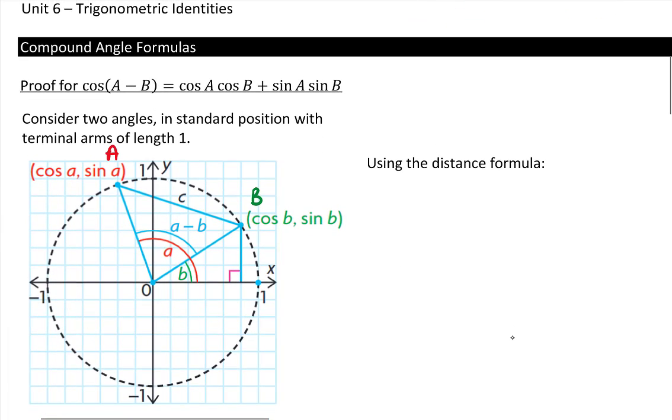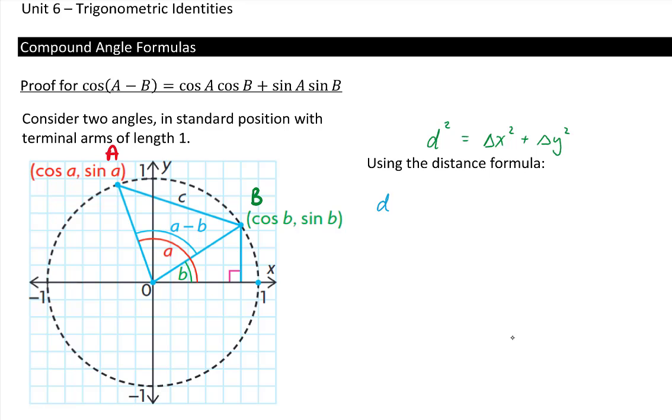If we want to find the distance between points A and B, we use our distance formula. It is based on Pythagoras' theorem, where the distance between two points squared is equal to delta x squared plus delta y squared. So let's use our formula.